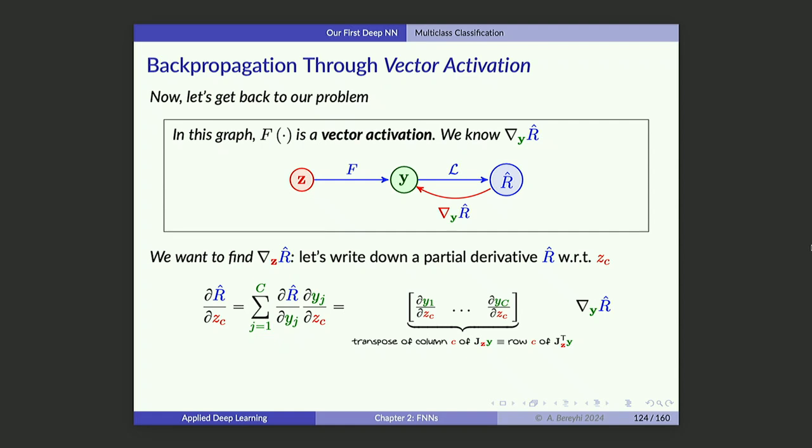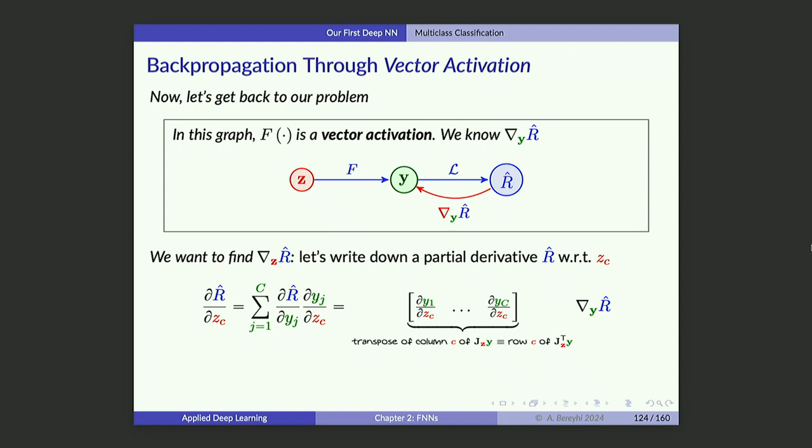So this is the partial derivative of r hat with respect to y1, y2, and so on. So this is basically the gradient of r hat with respect to y. Every single entry here, the first entry, is an entry inside the gradient of r hat with respect to y, which we already have. And the other terms are the corresponding entries inside your Jacobian matrix. Okay?